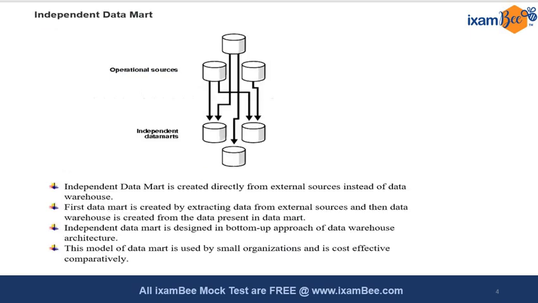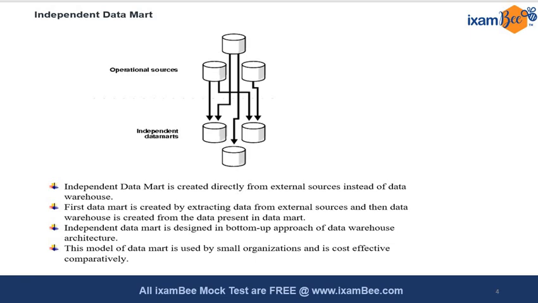The second type is the independent data mart. So what is an independent data mart? Independent data marts are where we skip the step of maintaining an entirely new data warehouse. We directly extract the data from the individual operational sources and we get our data in the independent data marts. It means the information stored in these data marts is independent of the warehouse.